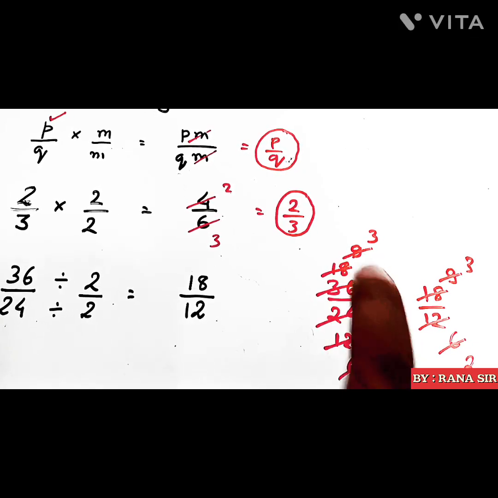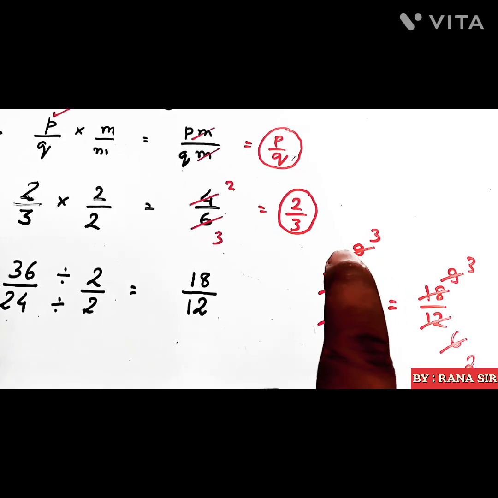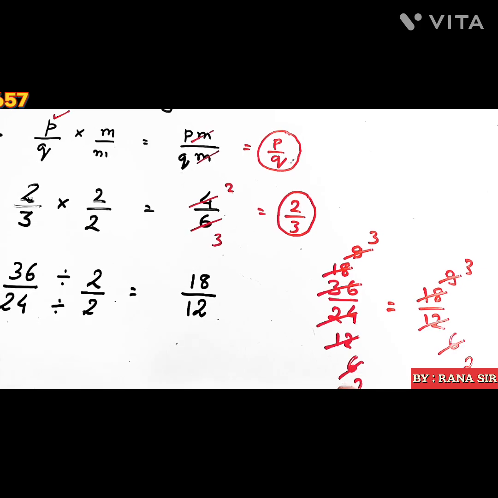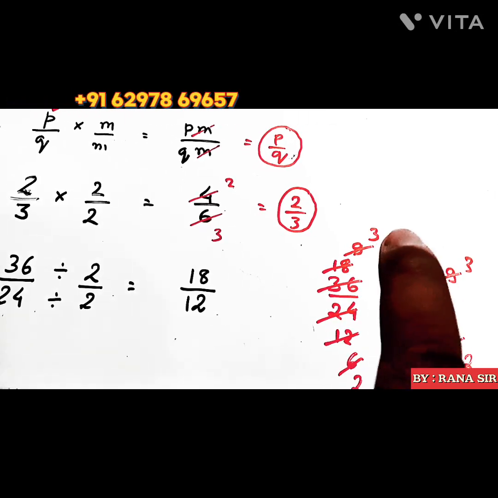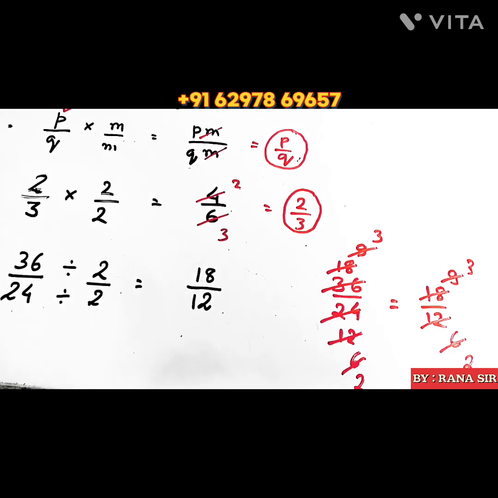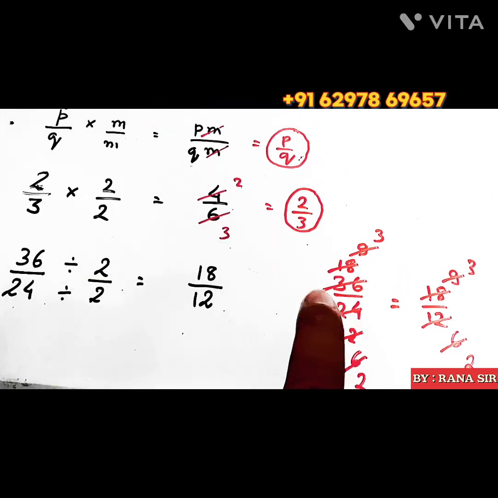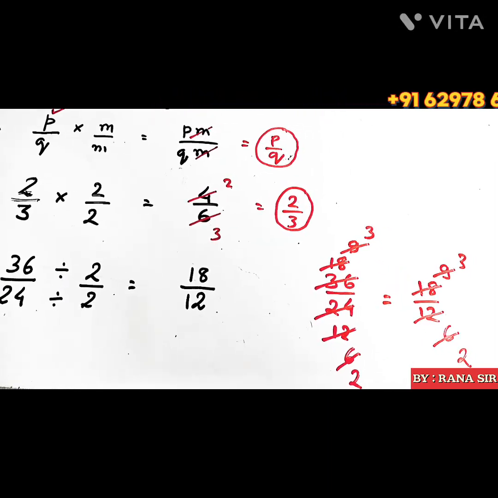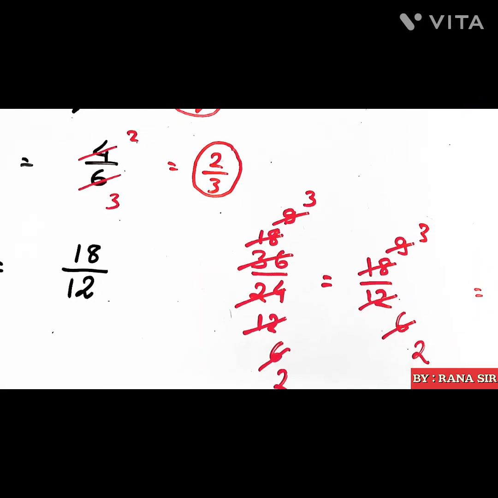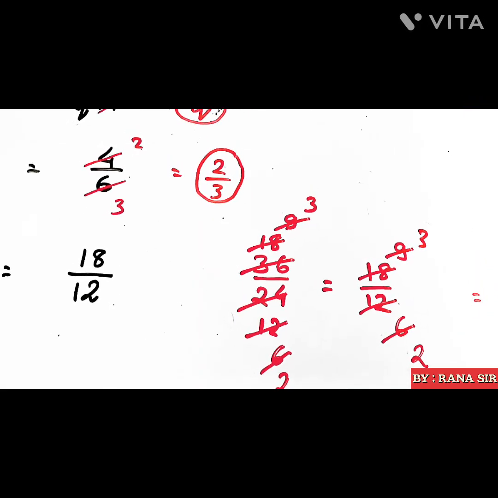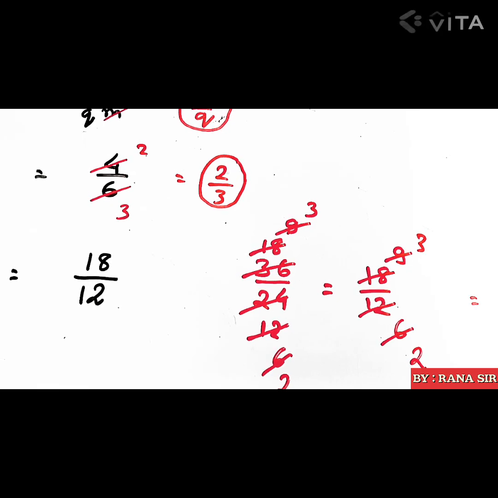Now again 18 and 12. Divide by 2. 2 9s are 18, 2 6s are 12. 9 by 6. Now I reduce by 3. 3 3s are 9 and 3 2s are 6. So if I reduce 36 by 24, the lowest form is 3 by 2. Now let us reduce 18 by 12. Again, when I reduce it, it becomes 3 by 2.